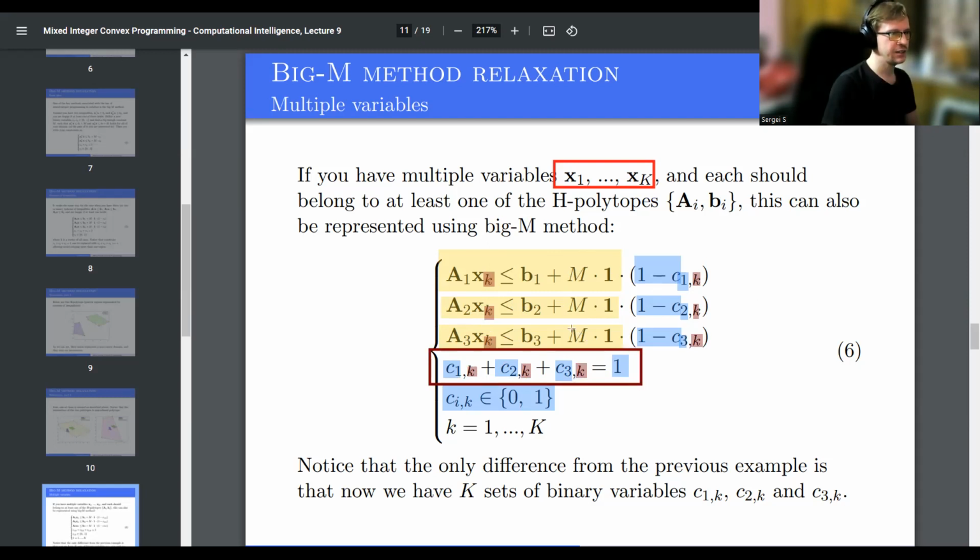You no longer have one equality where you have c1 plus c2 plus c3 equal to 1. You have k of those equalities, big K. Each of them has to hold independently. And each of them produces a 3 scenario as before. And those 3 scenarios govern how each particular x will choose the region. So the number of binary decision variables is 3 times big K.